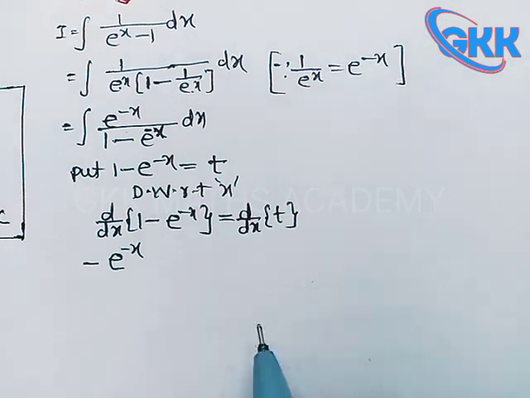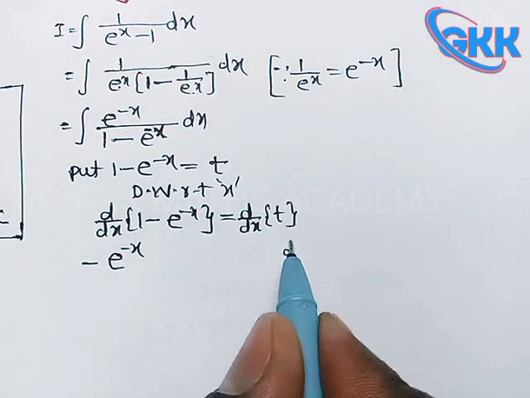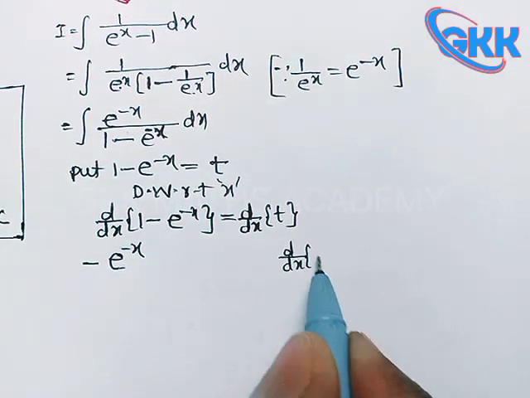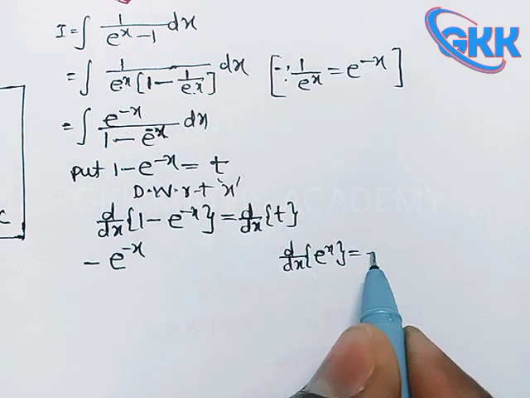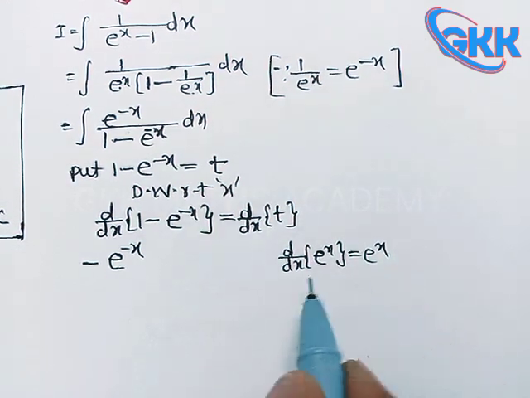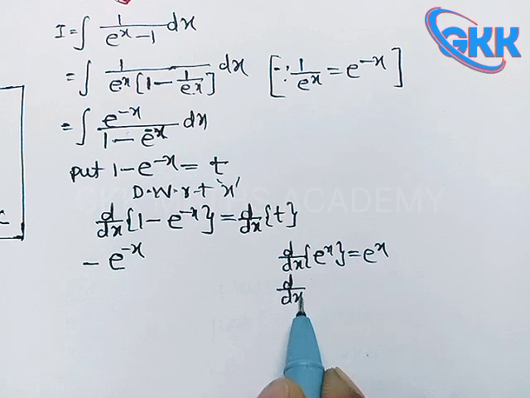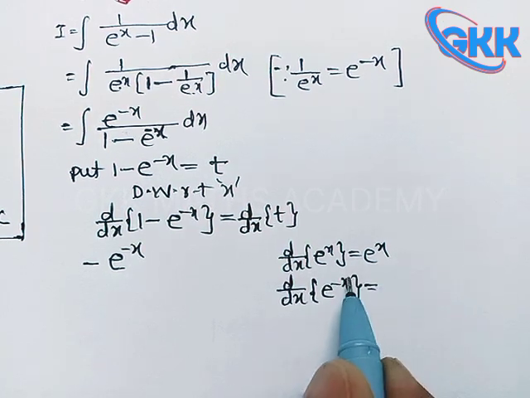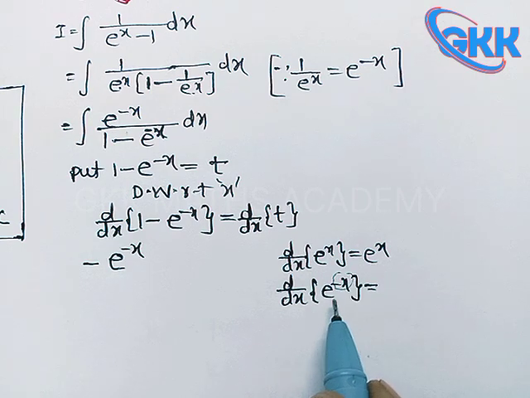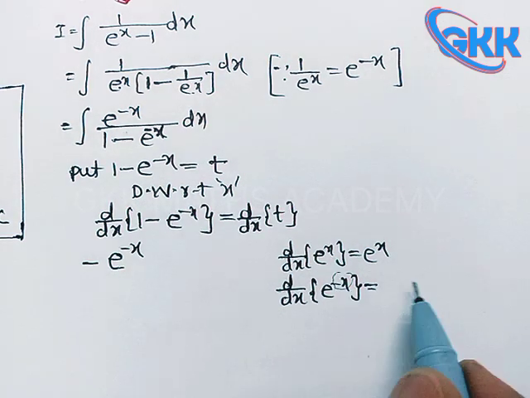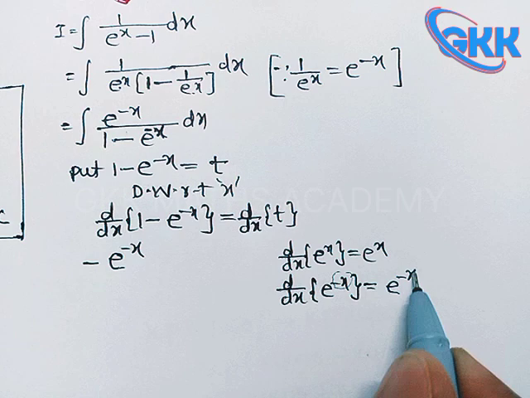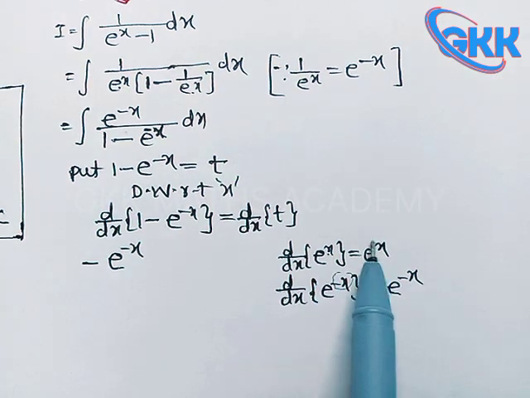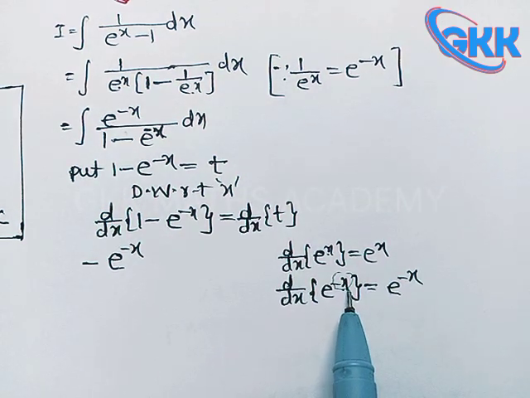Actually, d by dx of e power x is e power x. For e power minus x, it is in the form of the same formula, but in place of x, what is there?